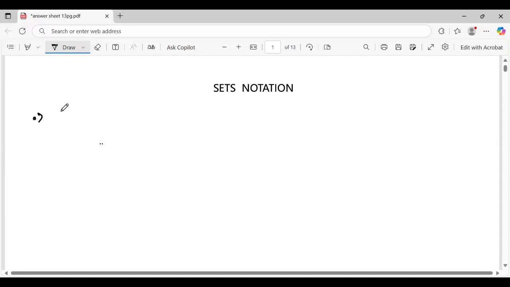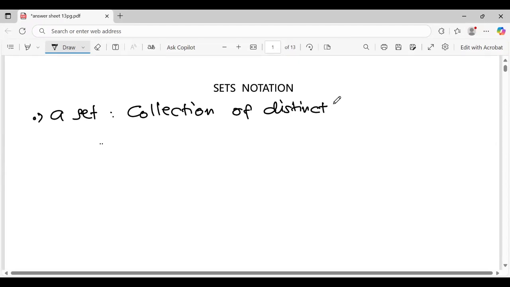A set is a collection of distinct objects. That's it. So a set is a collection of distinct objects.